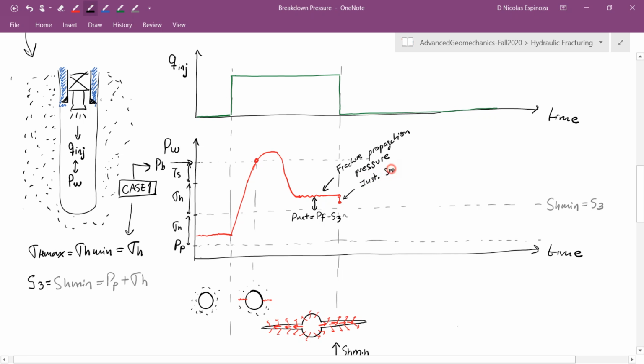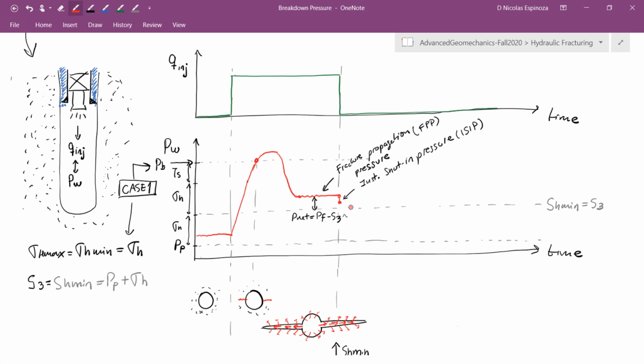We can summarize it, we can put the acronyms as FPP, fracture propagation pressure. This is ISIP, instantaneous shut-in pressure.